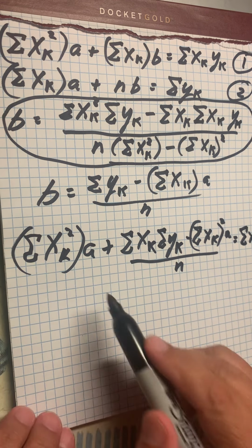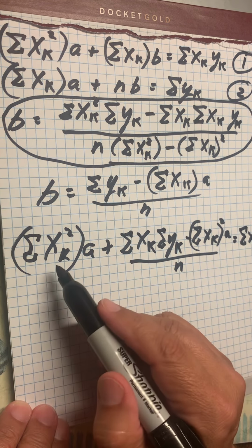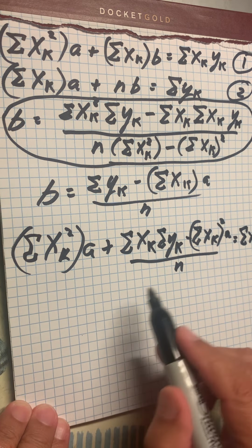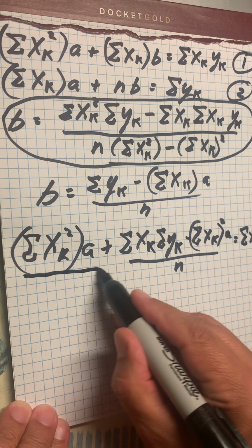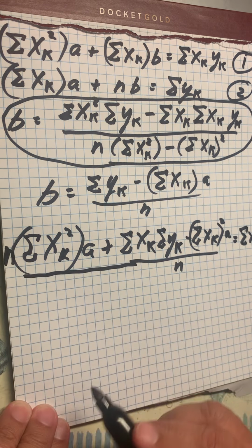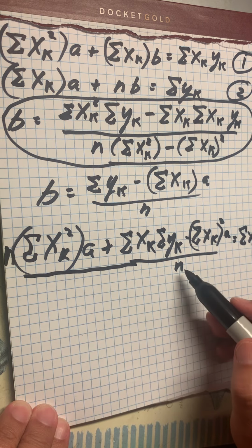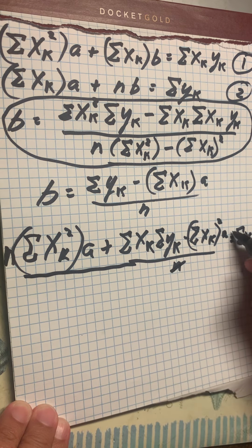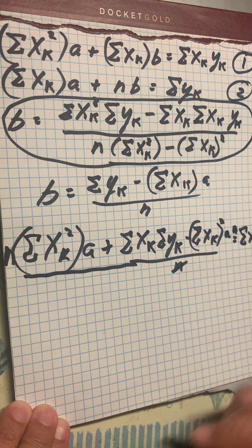Now we're going to multiply both sides of this, both top and bottom, by n, so that we'll have n clear across here on the denominator. So we'll put n there, and then we'll bring this n over here. So cross that out and have n right there.